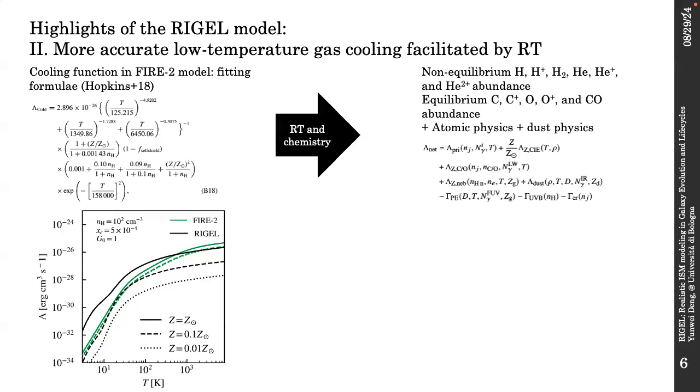Now, as we have the on-the-fly RT, we can determine the exact ionization state of the main ISM coolants, not only the primordial elements like hydrogen and helium, but also the abundances of C+, O+, and CO, the main ISM coolants in the neutral warm medium.